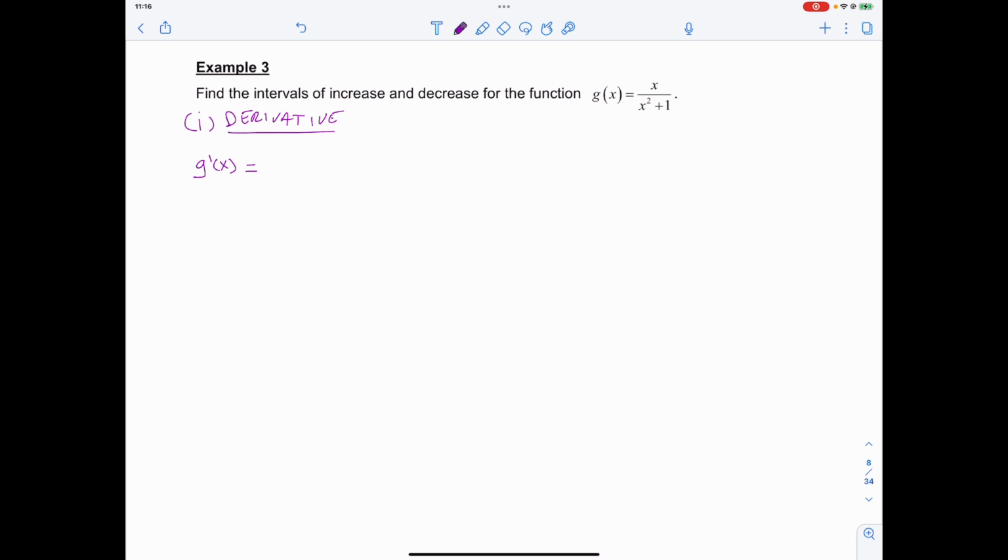So we're going to take our low, our d high less high, and our d low, and draw a line, and we're going to square that denominator. Then we are going to simplify this.